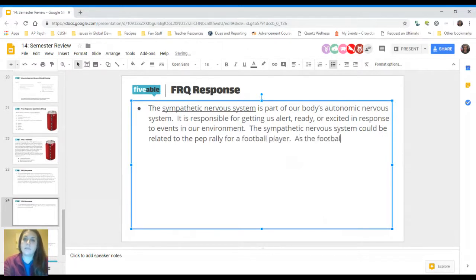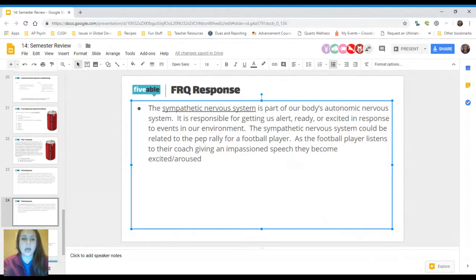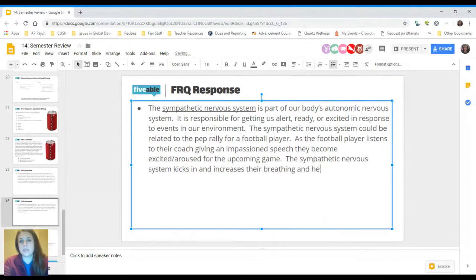As the football player listens to their coach giving an impassioned speech, they become excited or aroused. You can use either term, excited or aroused, for the upcoming game. The sympathetic nervous system kicks in and increases their breathing and heart rate as a signal of this excitement.